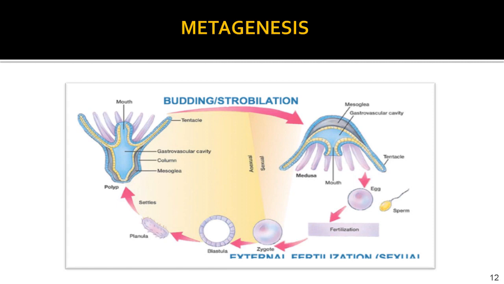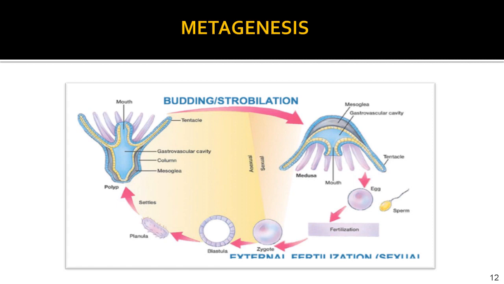Understand? So the polyp hydra develops again, then the tentacles detach from the body by the asexual method, then it becomes a medusa again. Do you get me? So the cycle will be repeated. So the polyp is forming the medusa by the asexual method. The medusa is producing the polyp by the sexual method.